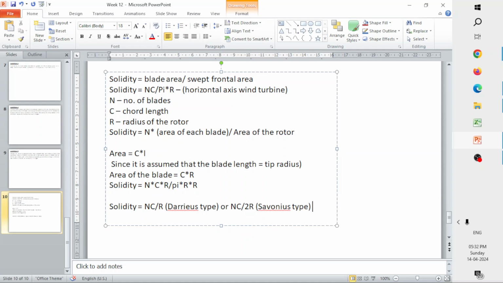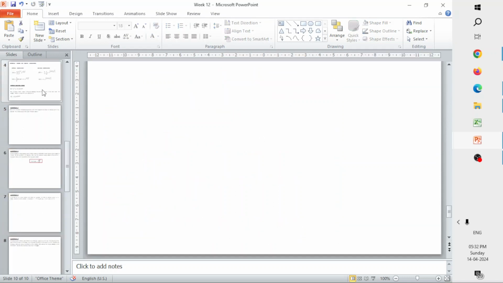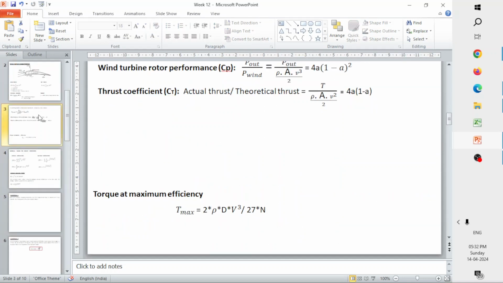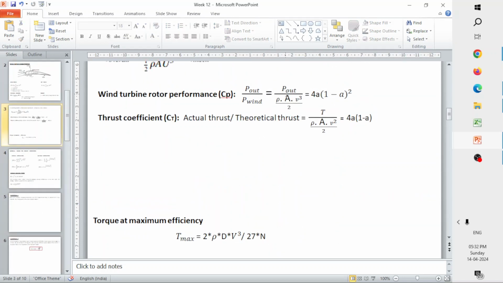So the major reason, the beneficial reason for increasing the number of blades in your system, even though if you see the available power in the wind, that formula, I hope we have it here. Yeah, if you see this, P wind is rho A times V cube by 2. So rho will be constant, velocity will be constant, and A is the area of the rotor, so that will be constant.